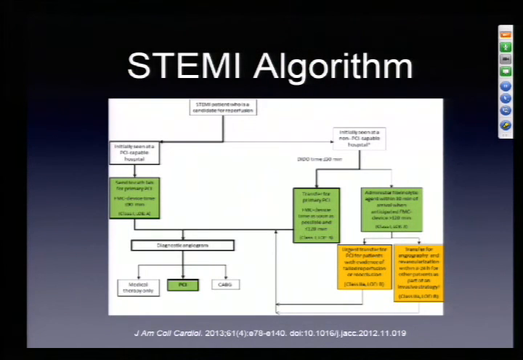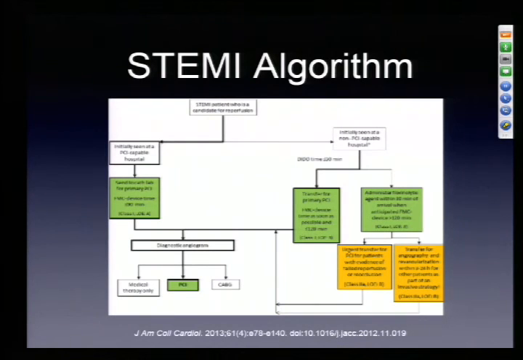So this is the algorithm from the most recent guidelines in 2013. These are the AHA and the ACC guidelines. And so I think it projects reasonably well. When a patient presents who is a candidate for reperfusion, really the left side of this flow sheet is the preferred method. So ideally, they're initially seen at a PCI-capable hospital, which we are a lot of the time.